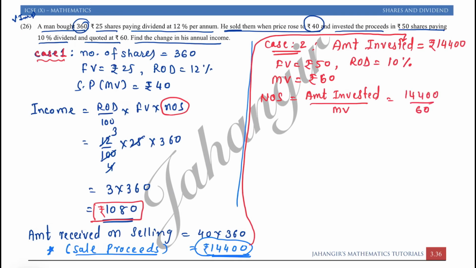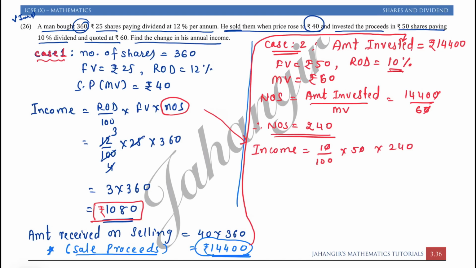If you divide, the 0 will get cancelled, 6 twos are 12, 6 fours are 24, so the number of shares is 240. Now the annual income is equal to ROD 10% upon 100 into face value 50 into number of shares 240.